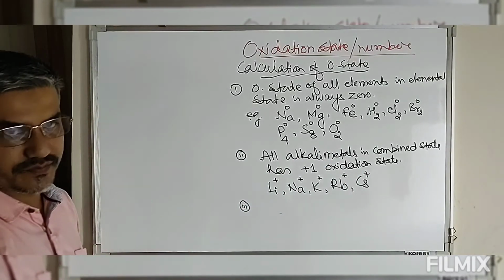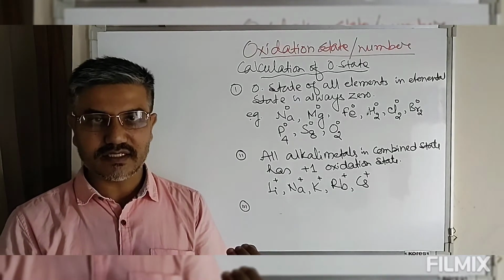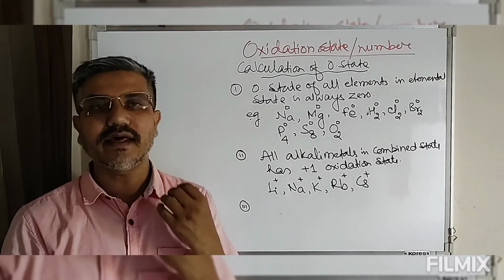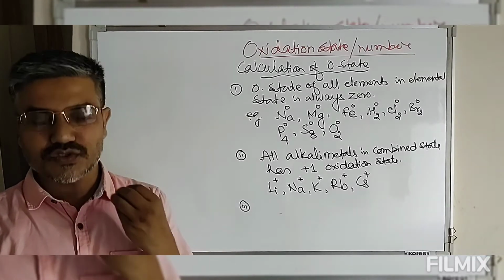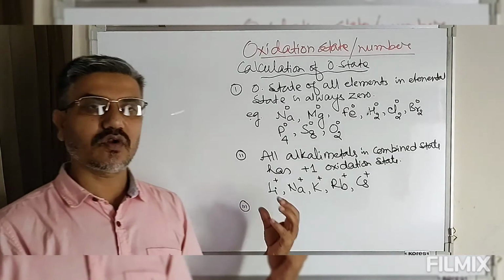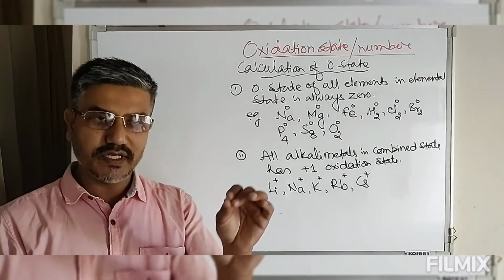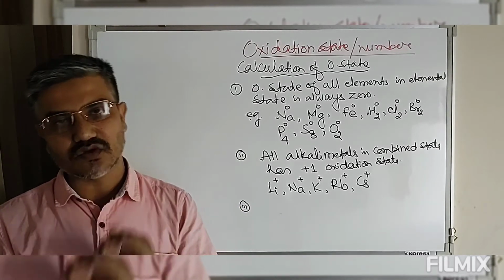Rule number 3. All alkaline earth metals, that is group 2 metals, in their combined state will always show +2 oxidation state. If you look at the electronic configuration of alkaline earth metals, they have 2 electrons in the valence shell s orbital.